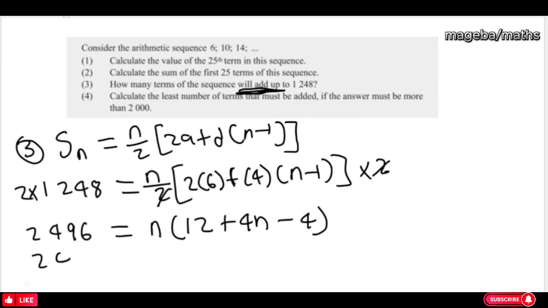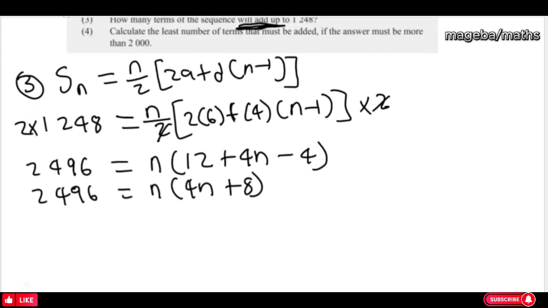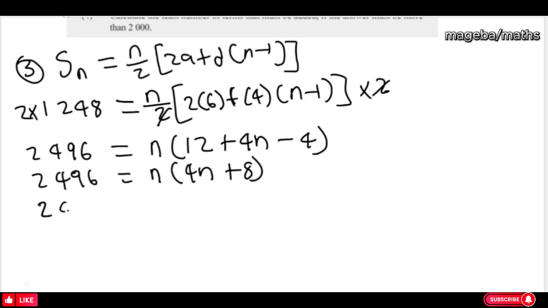We have 2496 equals to n into, and then we're going to have 4n here, then we're going to have 12 minus 4, which gives us positive 8. Then from here we multiply this and this, which gives us 4n squared. This and this give us positive 8n. And then take this to the other side.